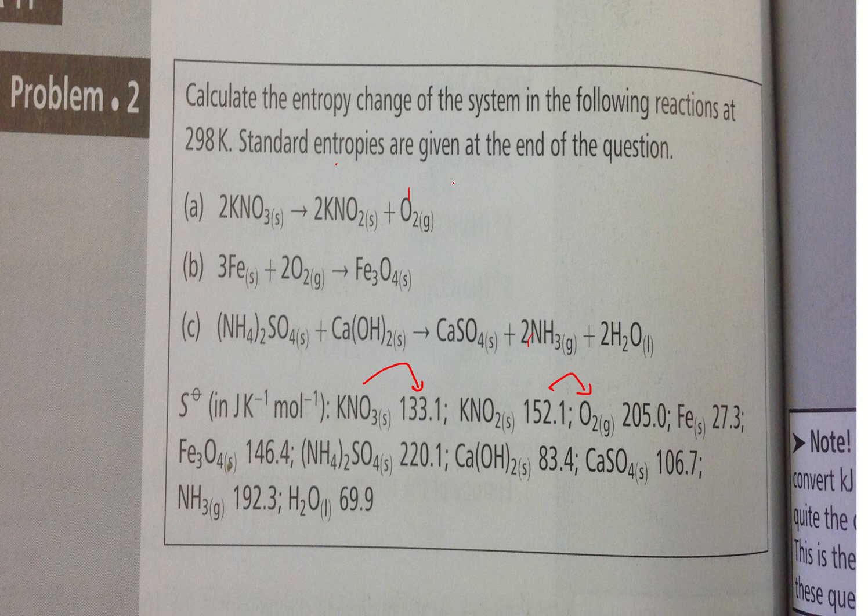Okay, so the first one, the entropy in the products, you should have had a value of 509.2 minus 266.2, giving you an overall entropy change of 243. In fact it's just 243.